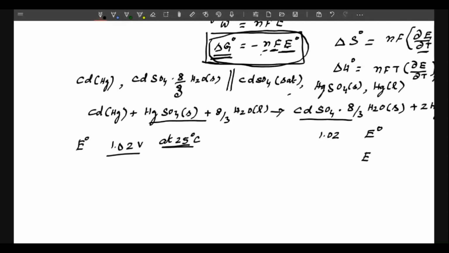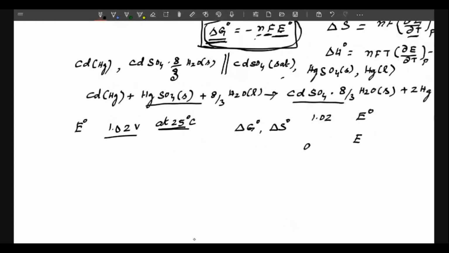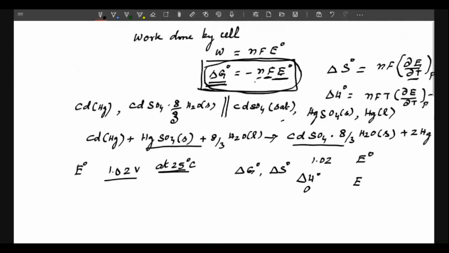Then you may be asked to calculate delta G0, delta S0, and delta H0 for the cell reaction.